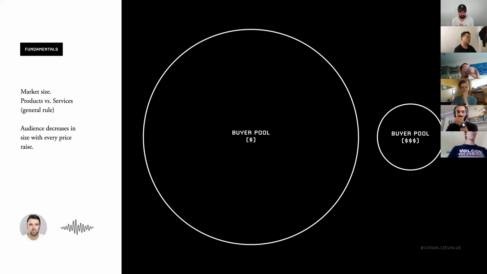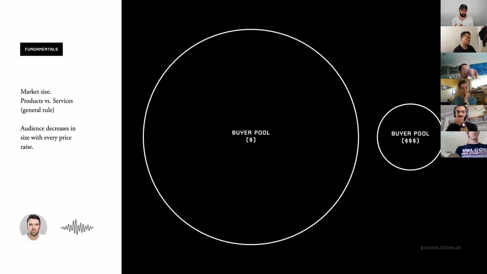So on the left hand side, you're selling a product at, let's say, a low price, this is $100, and on the right hand side we have a $10,000 product. So $100 product versus a $10,000 product, just by function of how many people have $10,000 to spend on something, your buyer pool shrinks enormously.